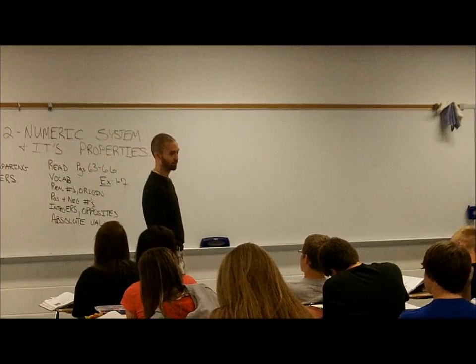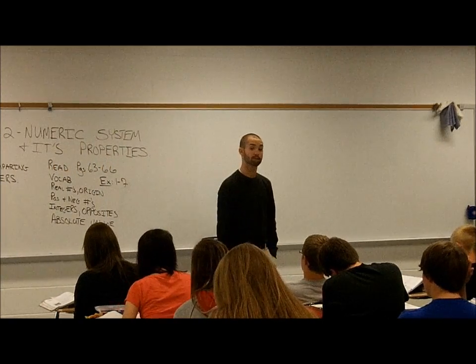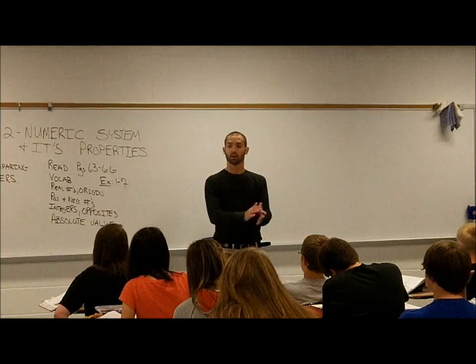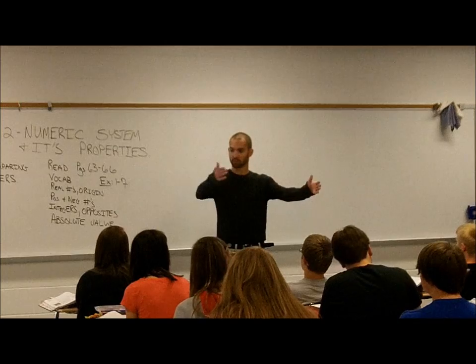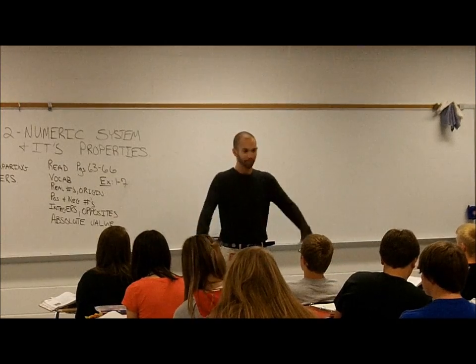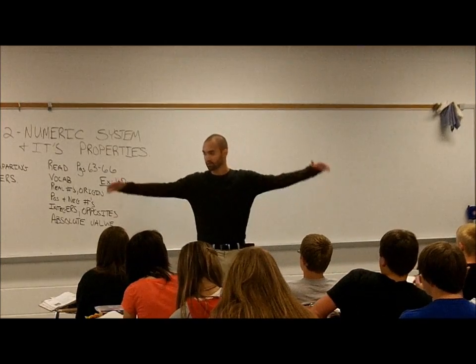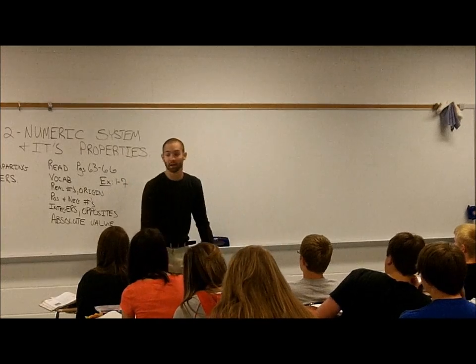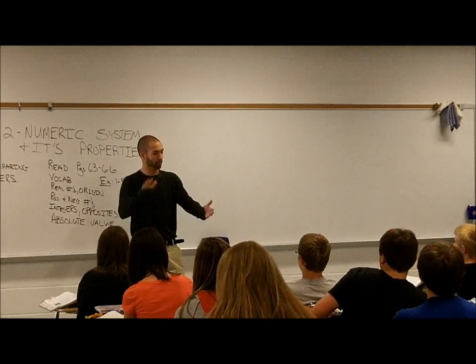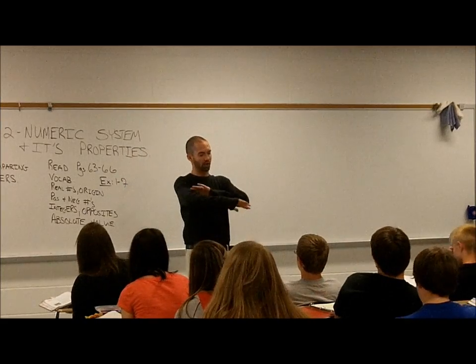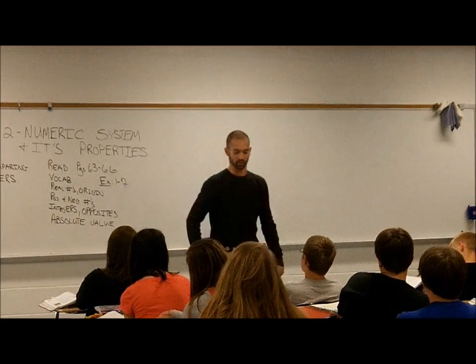Number lines. Good. Anything else? Graphing. It kind of goes with number lines. We'll talk about that. Big picture-wise, what are we working with? Real numbers. We are working in the world of real numbers.